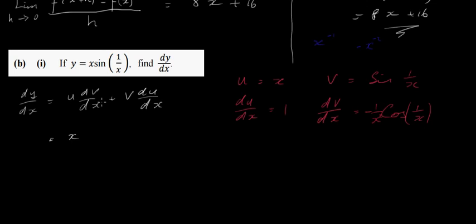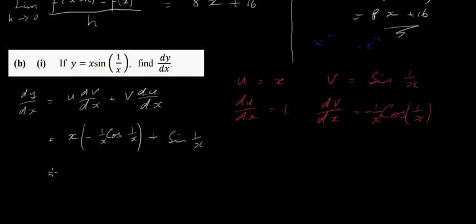It's u dv dx. dv dx is this here, so that's minus 1 over x squared times cos 1 over x. So that's a bit better. Now plus v, which is sine 1 over x, multiplied by du dx, which is 1.